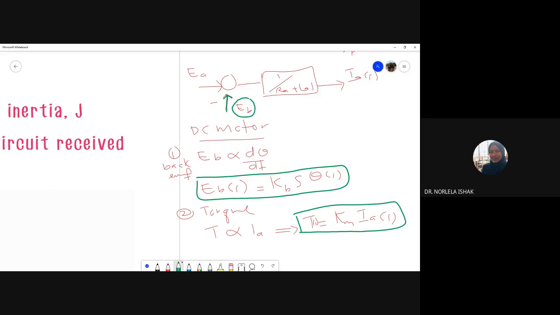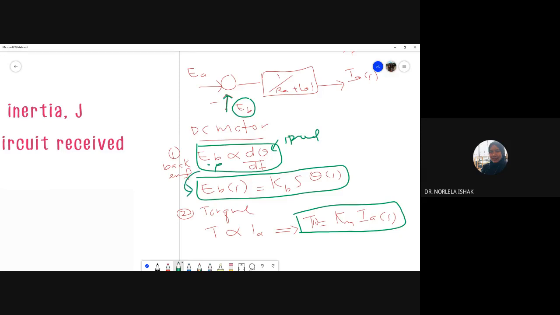Look here at this equation. Usually when we do proportional, this is the output. And the speed, d theta over dt, this is the speed. The speed is the input. So we derive this equation, we simplify it, and we get this.